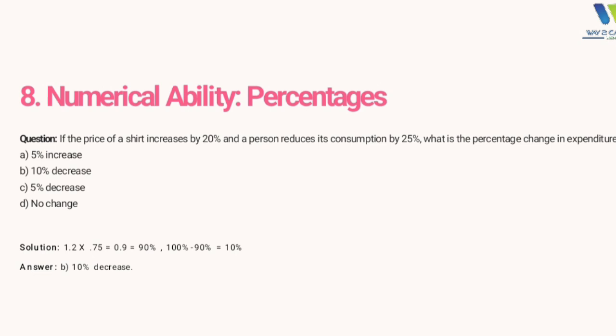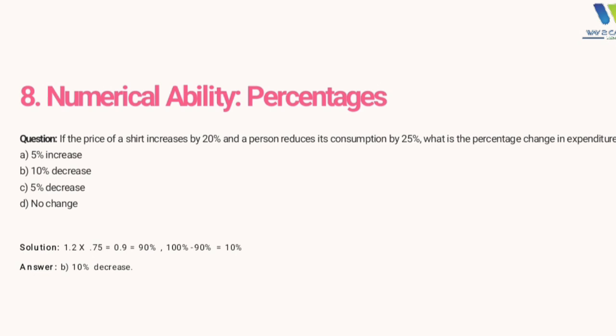For this, in a traditional way, you will be calculating 20 by 100 and so on. But I can say in a logical way, when a value is subjected to multiple changes, then the net value is the product of the individual effects.